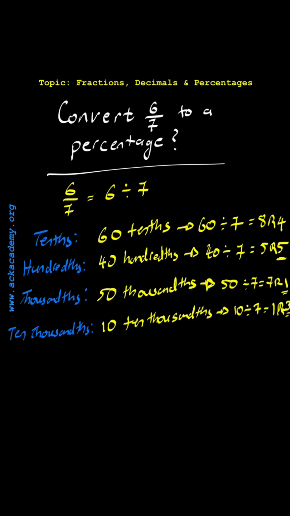Okay, now this can keep going. You can go to as many places to the right as you want, but let's just stop here, because this is good practice as well, just so you can get comfortable with this dividing situation.